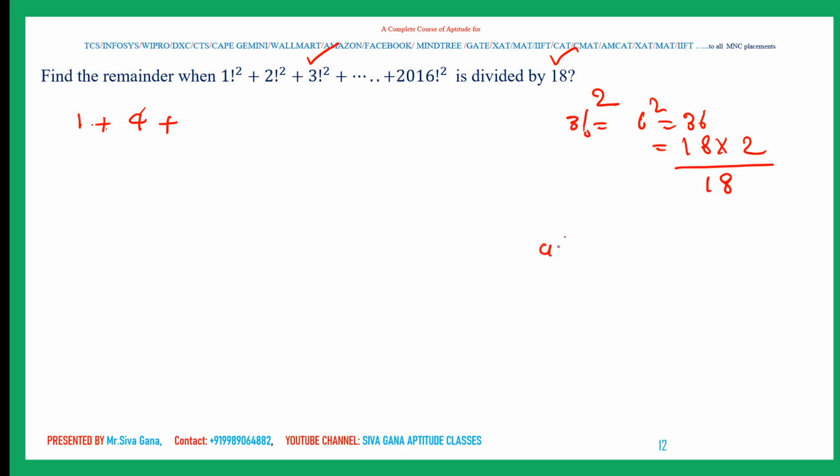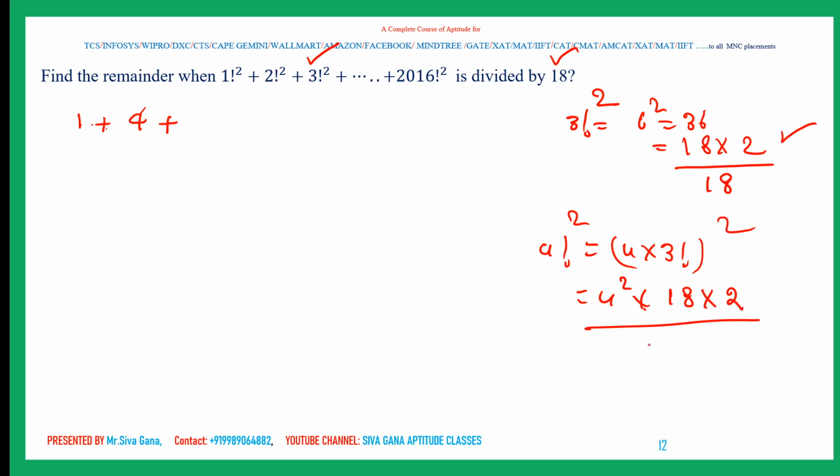Okay. Now let us see 4 factorial square. 4 factorial is nothing but 4 into 3 factorial, whole square, which is nothing but 4 square into 3 factorial square. 3 factorial square is nothing but 18 into 2, just now we have seen. Upon dividing by 18, it is divisible, remainder is 0.